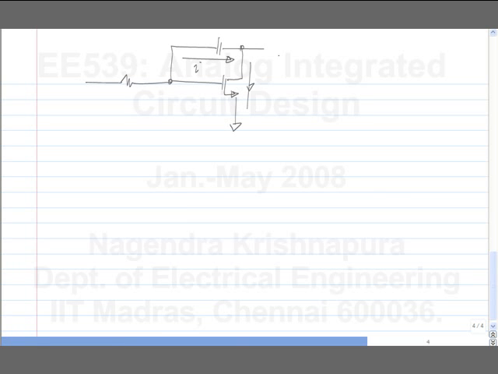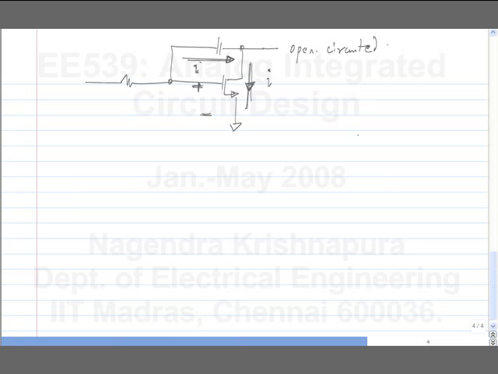In this case, I am assuming that this is open circuited. Let's say all of this current comes from the transistor. So what will be the voltage here? If this is I, what is the voltage here? What is this current? I.